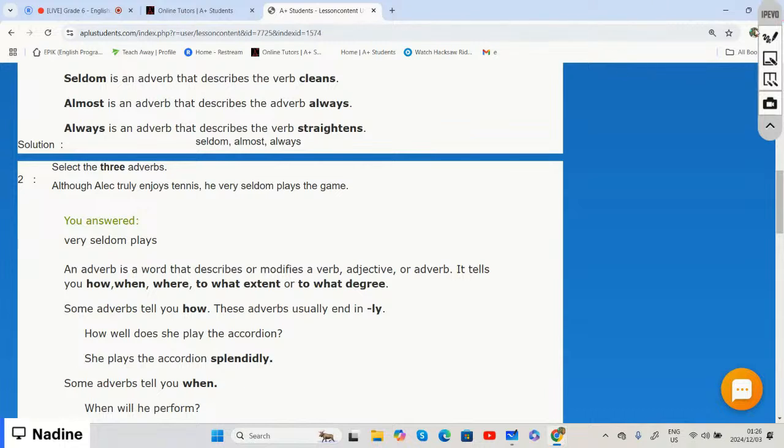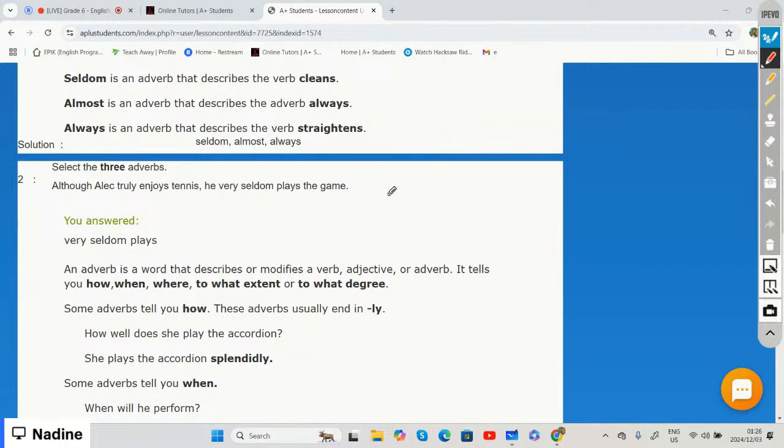And if we were to select our adverbs, yes, very seldom is one of them.